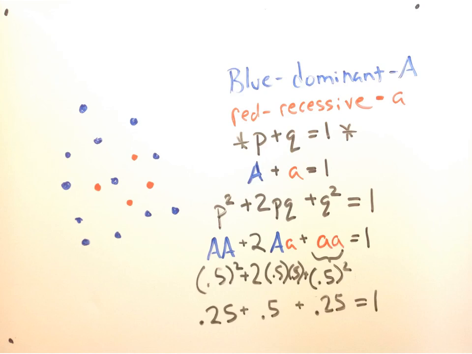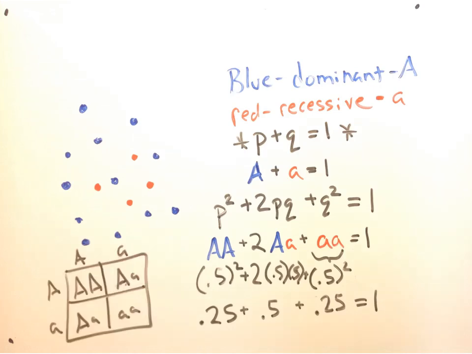So P squared equals 0.25. 2 times P times Q equals 0.5, and Q squared, as we already had, equals 0.25. And when we add them all up, it equals 1, for 100% of the population is either homozygous dominant or heterozygous or homozygous recessive. These values are exactly what we would get if we started with a population of heterozygous animals and we did a Punnett square, but it also works for other values.